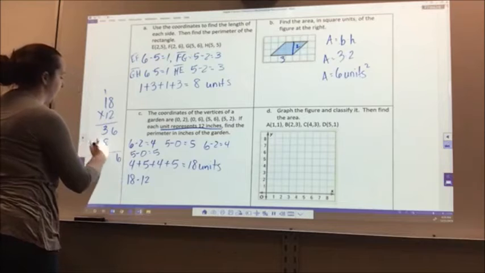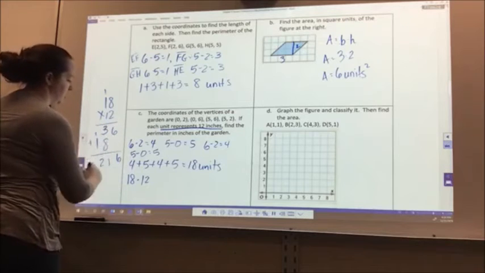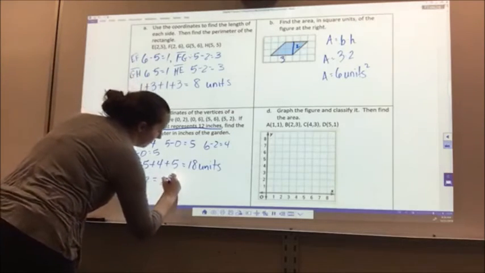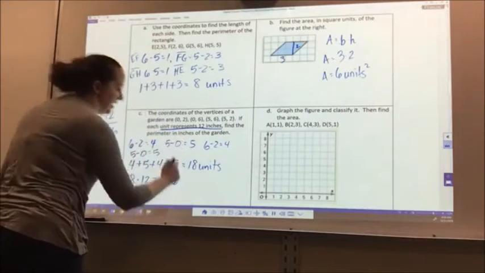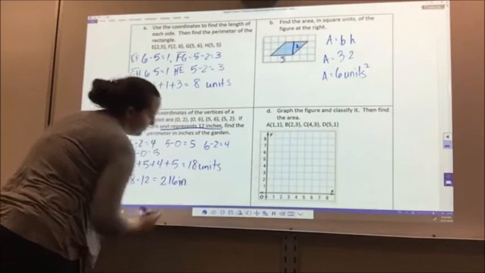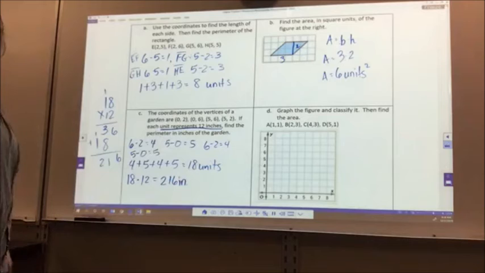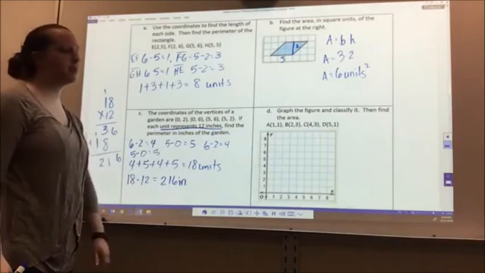I add them together, 216. And it's 216 inches. You can abbreviate using IN. Okay? And again, we're finding perimeter, so it's just inches.